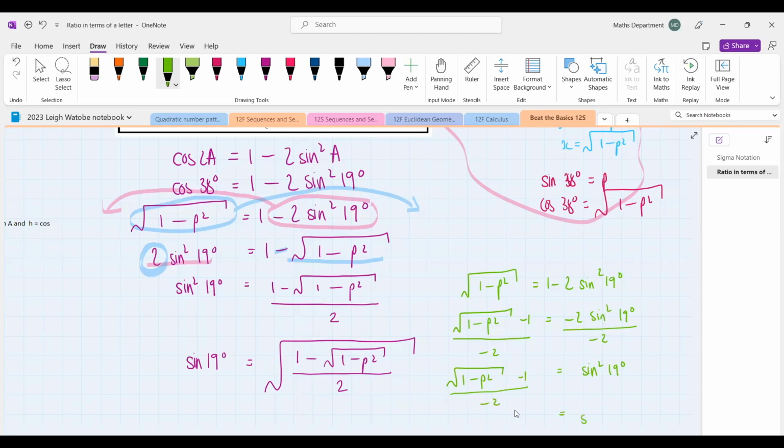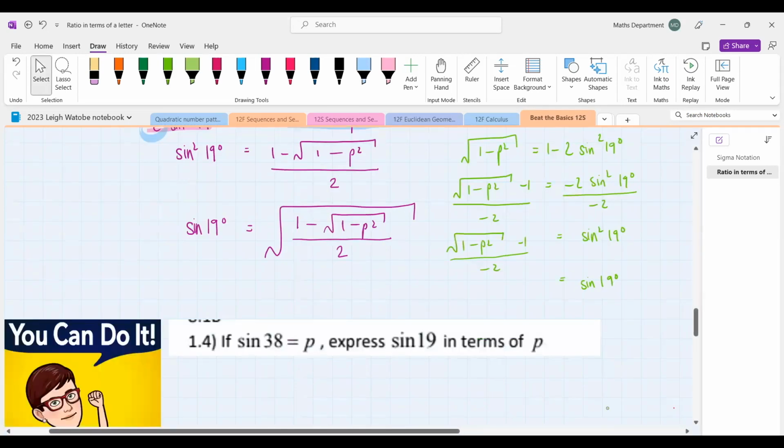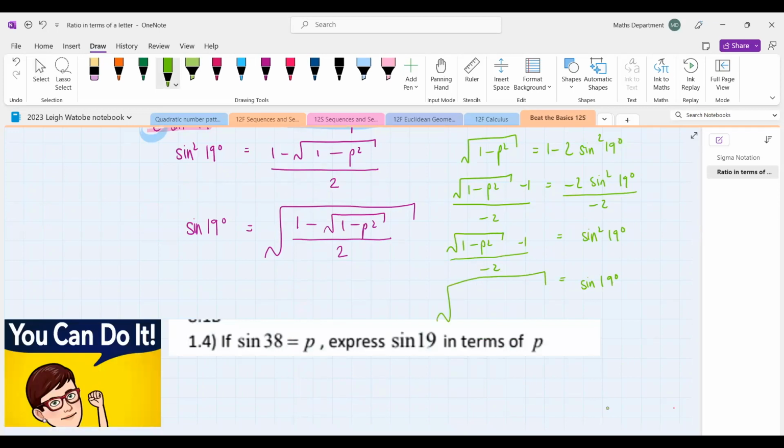And then if I wanted sine 19 on its own, you'd end up with root 1 minus p squared minus 1 all over negative 2. So that would also be a perfectly acceptable way of writing your answer. Okay, Katleho?